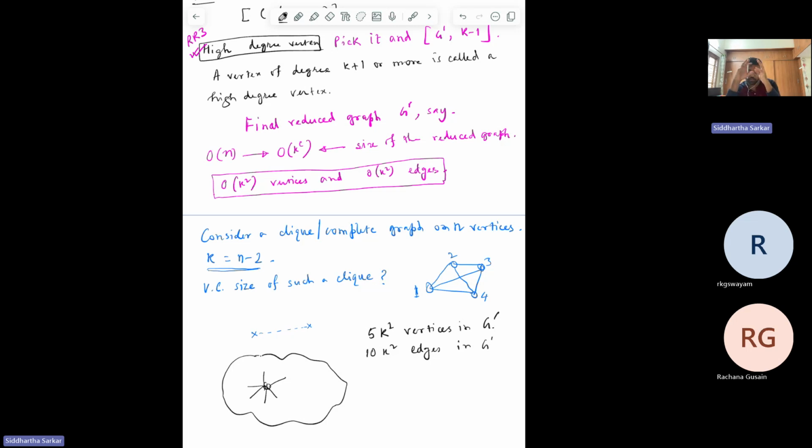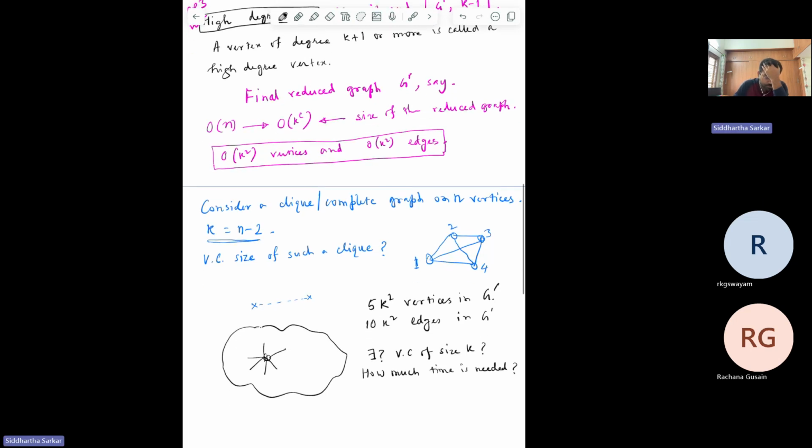But how much time will you take in the worst case to check whether there exists a vertex cover of size k? If you do brute force, you need to check 5k squared choose k possibilities.